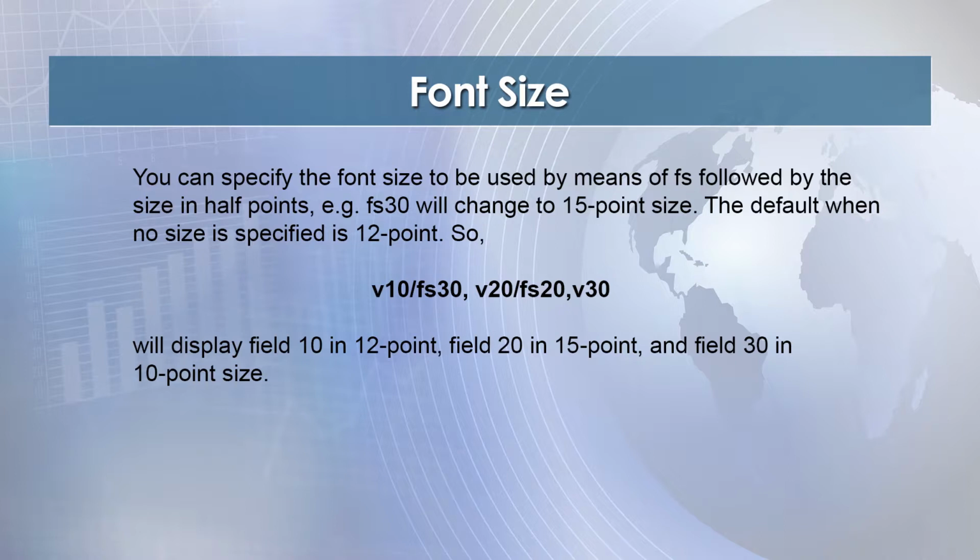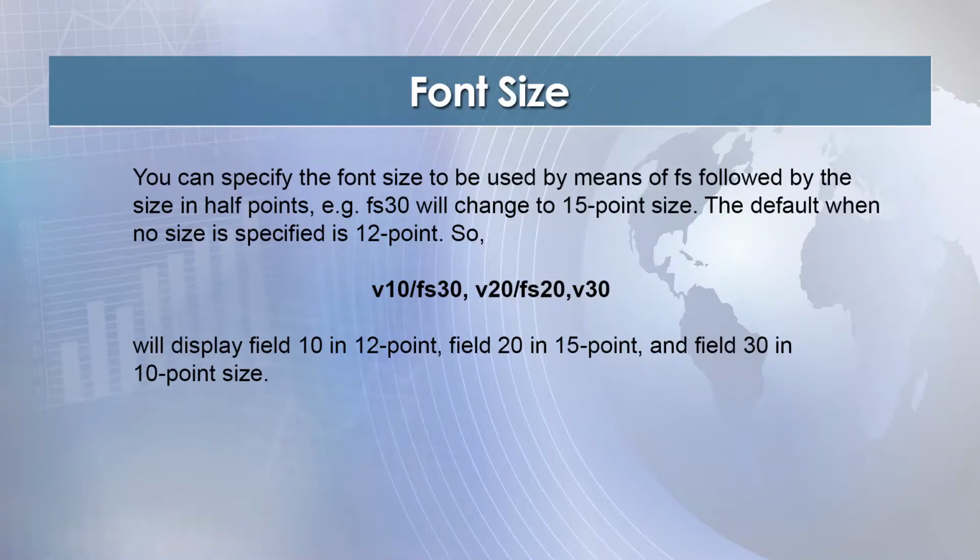FS stands for font size, but one thing you must remember is that FS is followed by the size in half points. That means, if you give FS 36, the actual font size will be 18. If you want a font in 12-point scale, you have to give FS 24. Please remember this: the FS value is double the actual font size displayed.